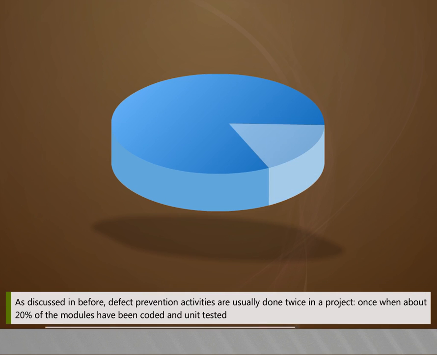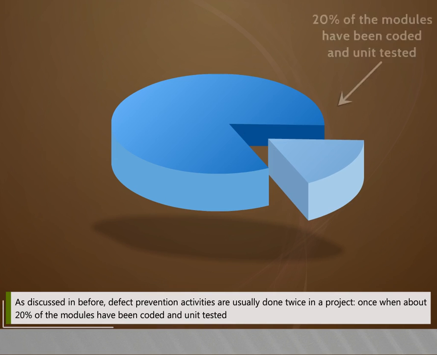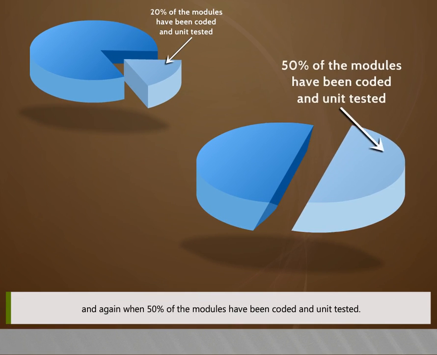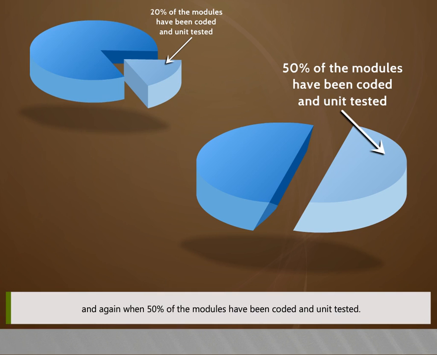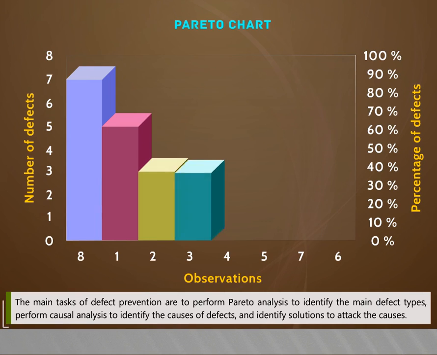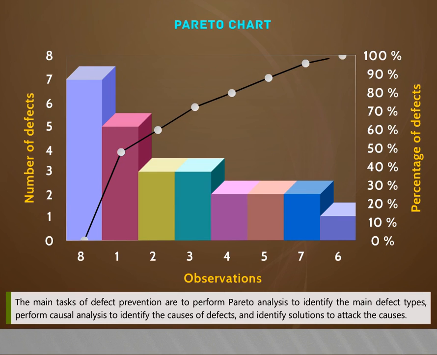As discussed before, defect prevention activities are usually done twice in a project, once when about 20% of the modules have been coded and unit tested, and again when 50% of the modules have been coded and unit tested. The main tasks of defect prevention are to perform Pareto analysis to identify the main defect types, perform causal analysis to identify the causes of defects, and identify solutions to attack the causes.